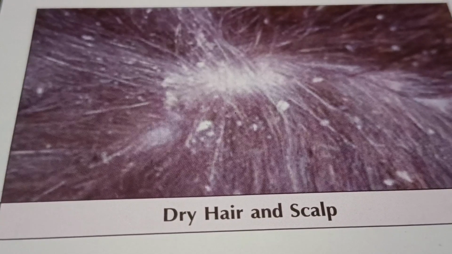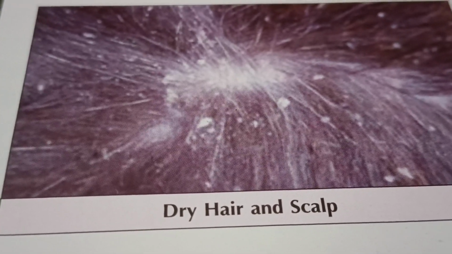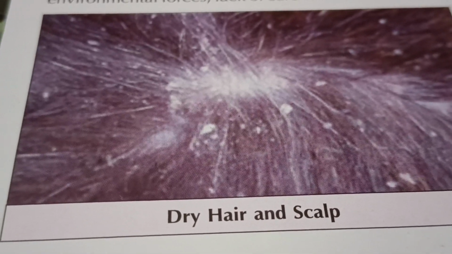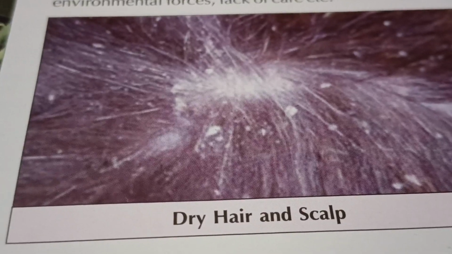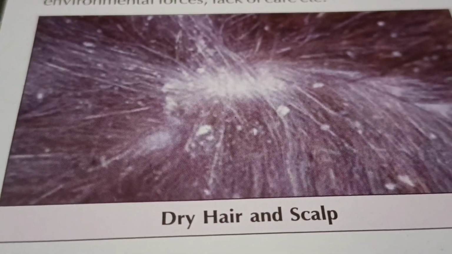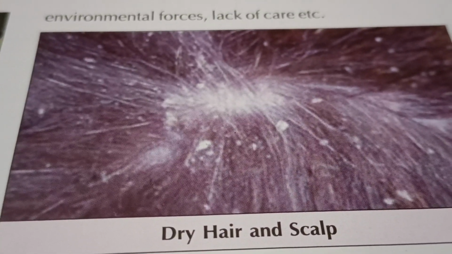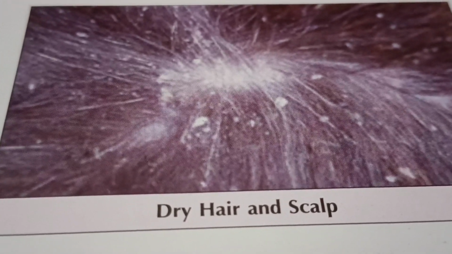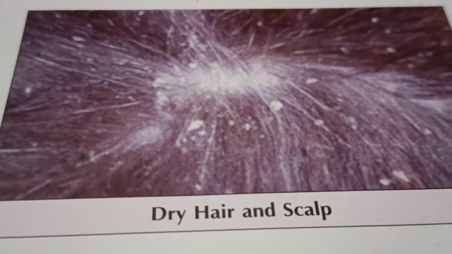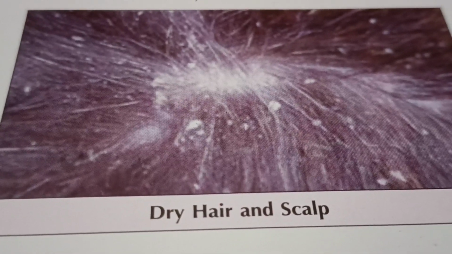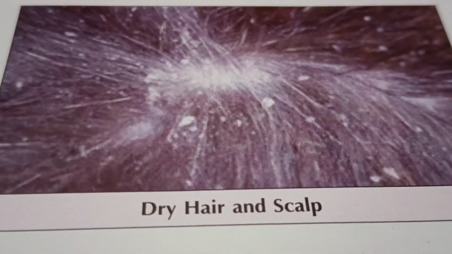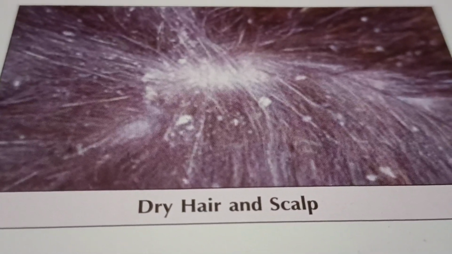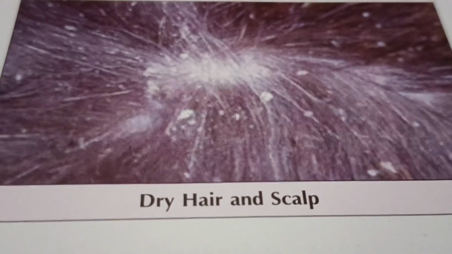Dry hair and scalp. Dry hair and scalp is caused by inactive sebaceous glands and is aggravated by a dry climate. The lack of natural oil sebum leads to a flaky scalp and hair that appears dull, dry, and lifeless.